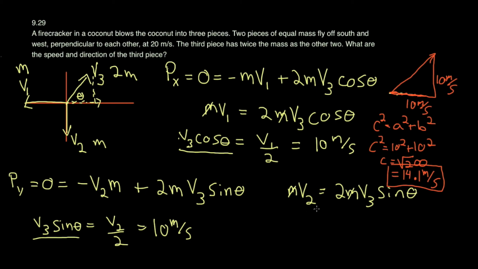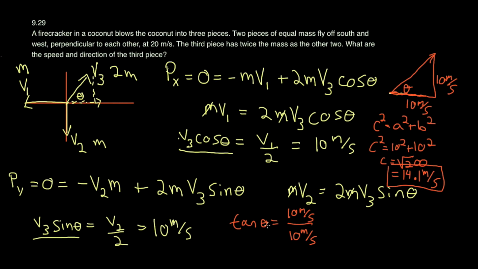Okay, so now we need to figure out the direction that the third piece shot at. So again, we know the adjacent side and the opposite side. So if we call this theta right here, we can use the tangent, because tangent is just opposite over adjacent. So tan of theta is going to be equal to opposite, which is 10 meters per second, over 10 meters per second, opposite over adjacent.